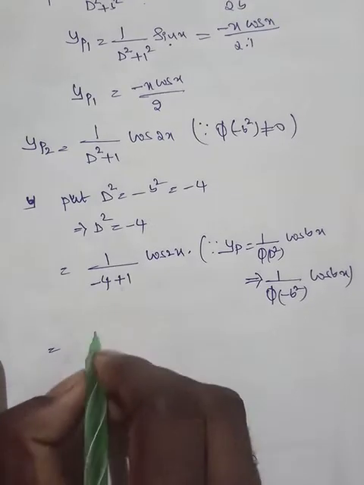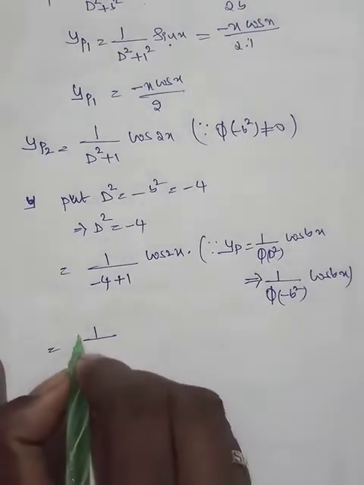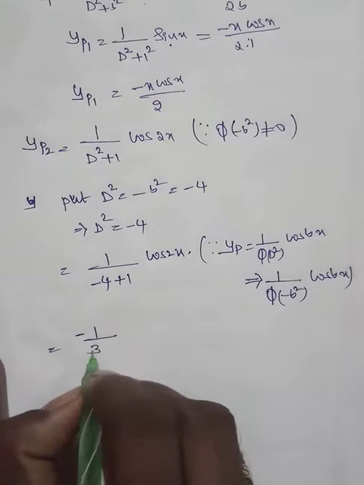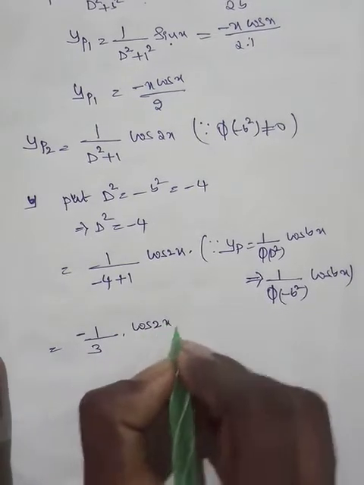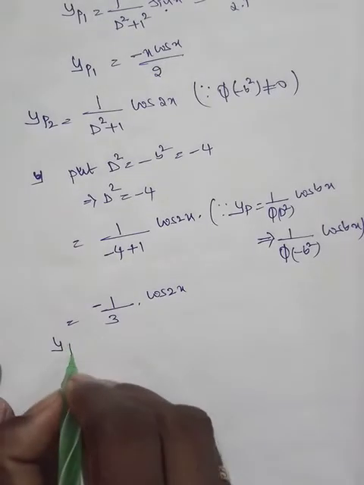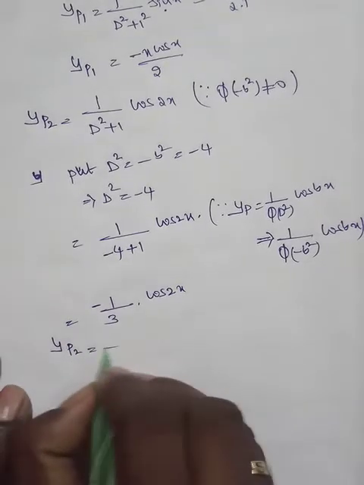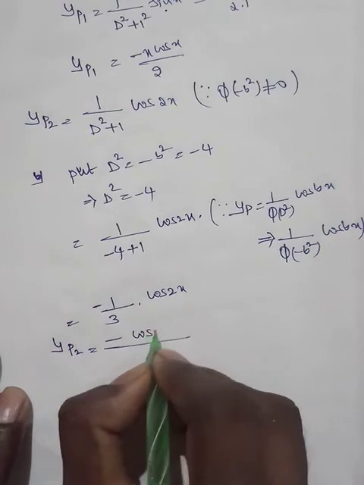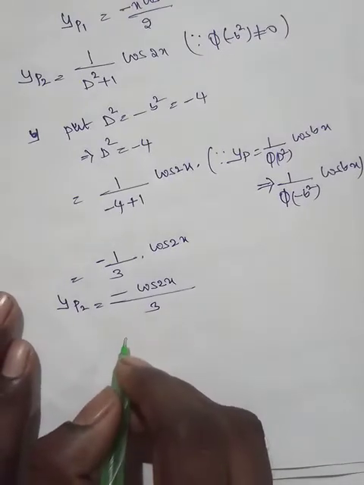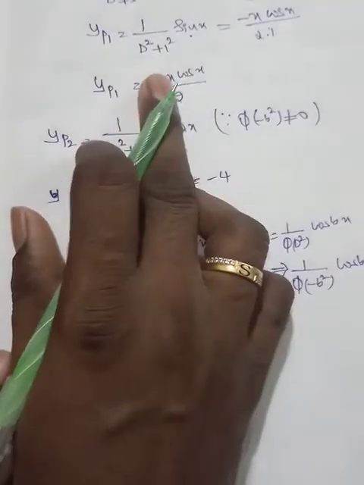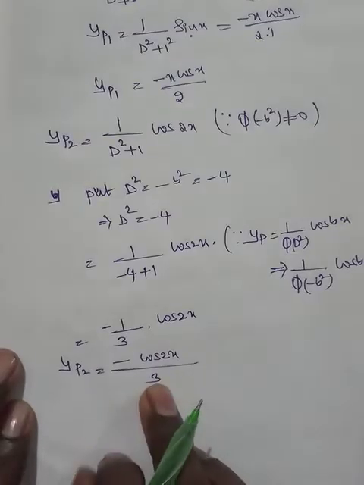So finally 1 by minus 3, so minus here I am writing 3 into cos 2x. So I can write yp2 equals minus of cos 2x by 3. Okay, here I got yp1 and yp2.